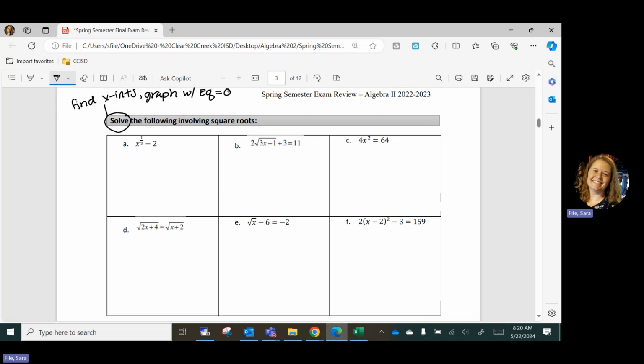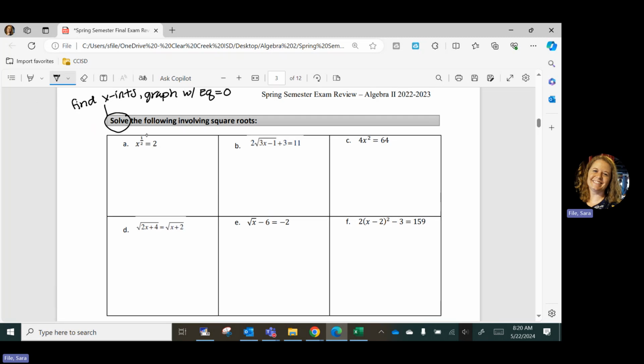Put it in your calculator and you can find the x-intercepts. So that's one option. Now I'll show you some other options if it's not set equal to 0. But sometimes if it's pretty basic, it's not hard to solve by hand.